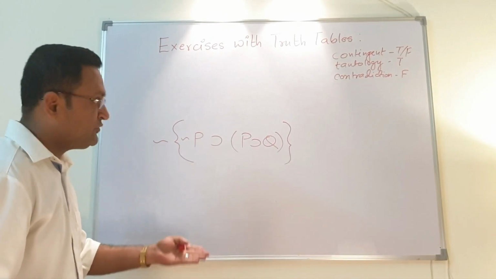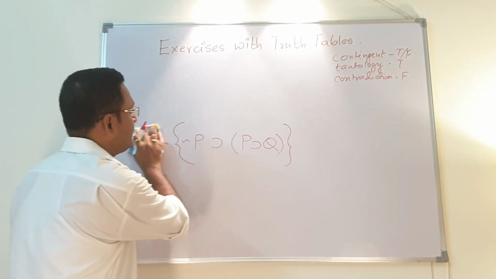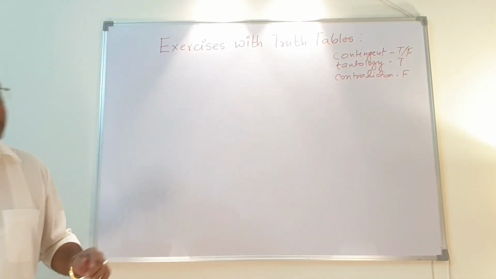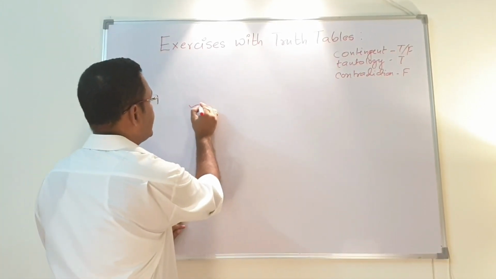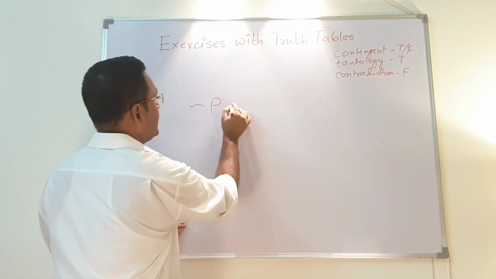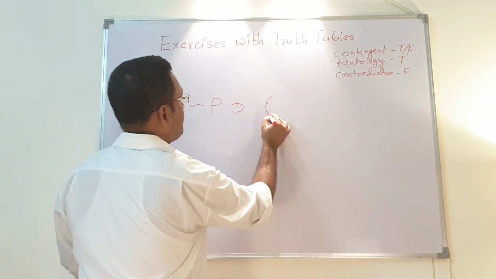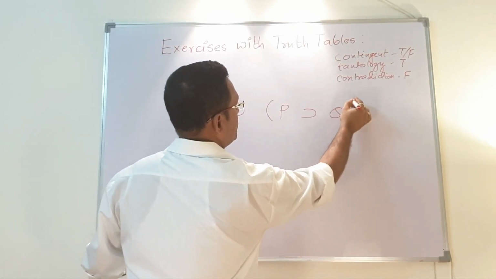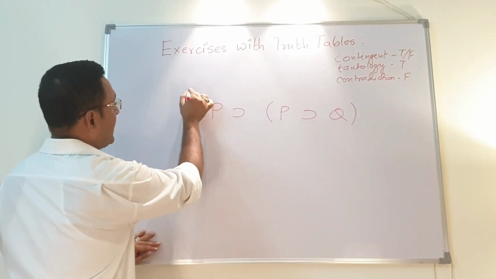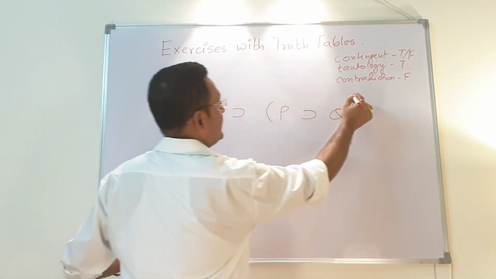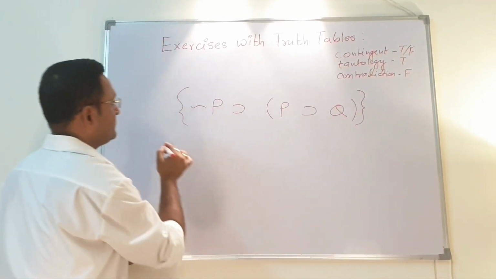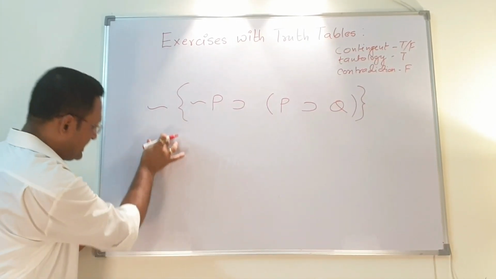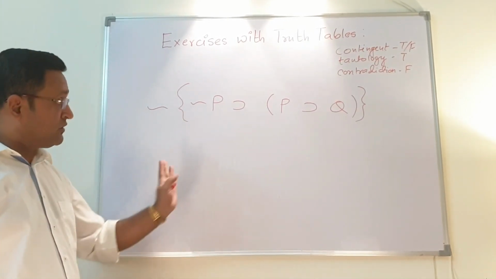I can directly draw it, so maybe I will make it a little spacious for all of us to understand clearly. The expression is: negation of P implies Q. Fine. And I draw another bracket over here, the curly brackets, and put a negation sign here. I have to find this value to be a contradiction.